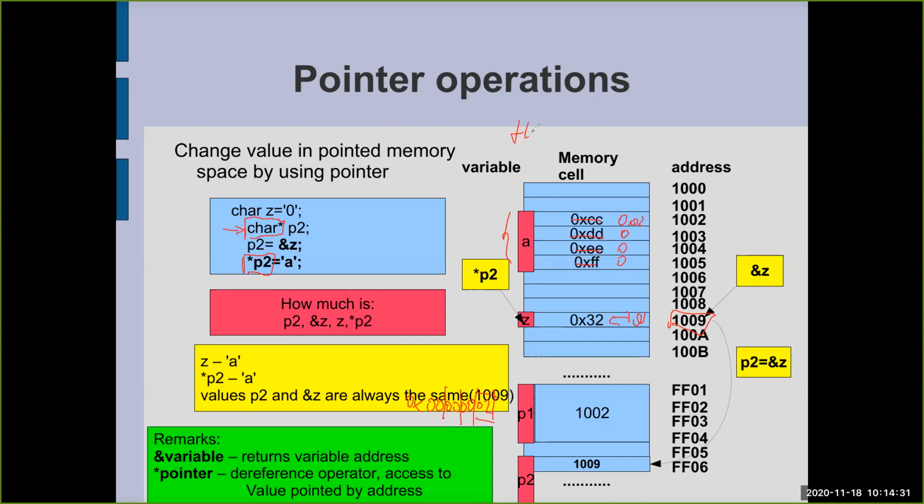If we have, for example, a pointer to float, again 4 cells will be modified, but the value will be represented not in this way, but in the base and exponent manner, as floats are. So the pointer type defines how values will be handled or split inside the memory.